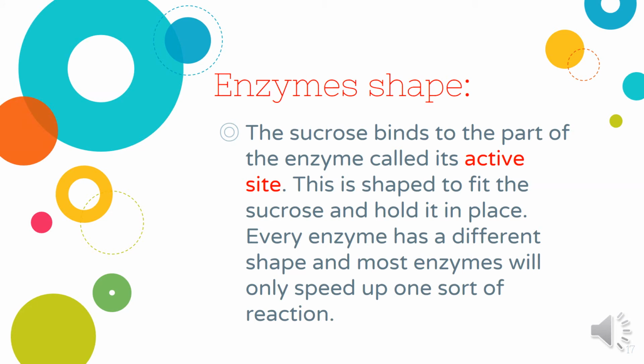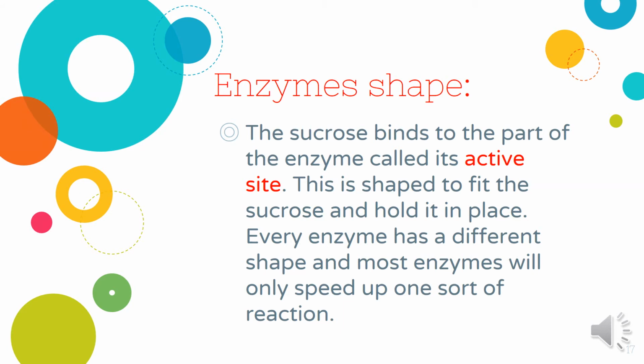Every enzyme has a different shape, and most enzymes will only speed up one sort of reaction. If we go back to the lesson of the enzymes, if you remember I mentioned that each type of enzyme is going to work on a specific type of nutrient.